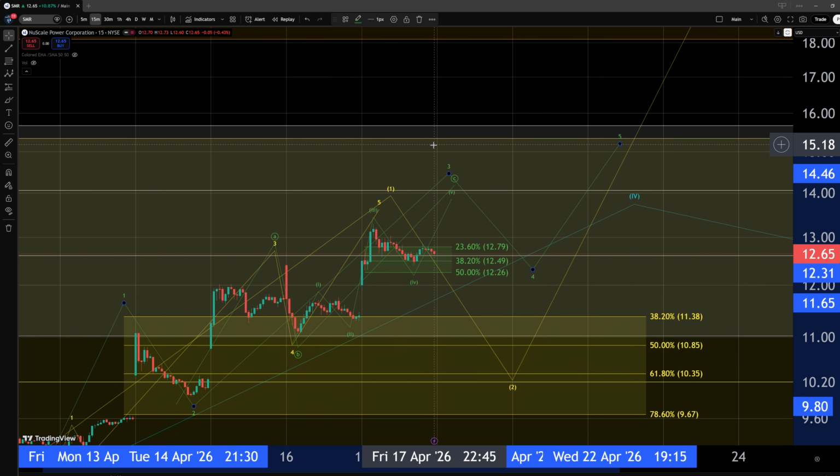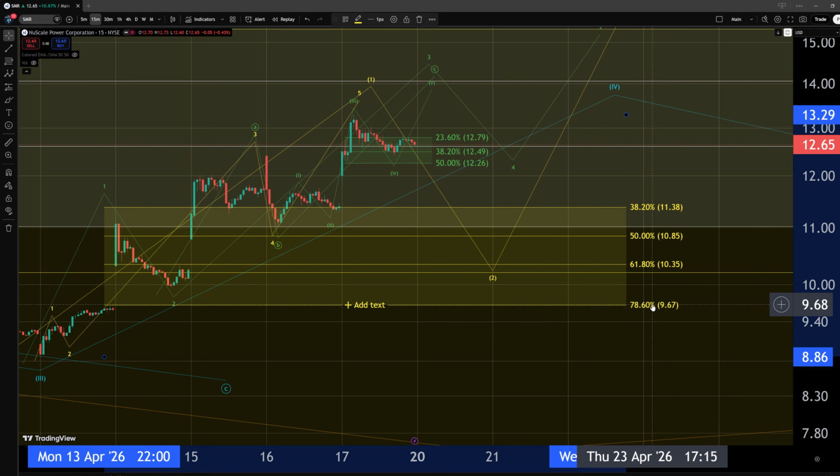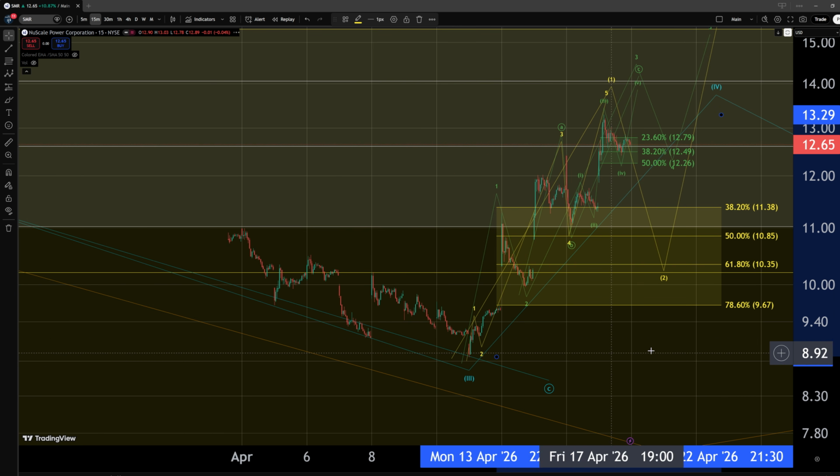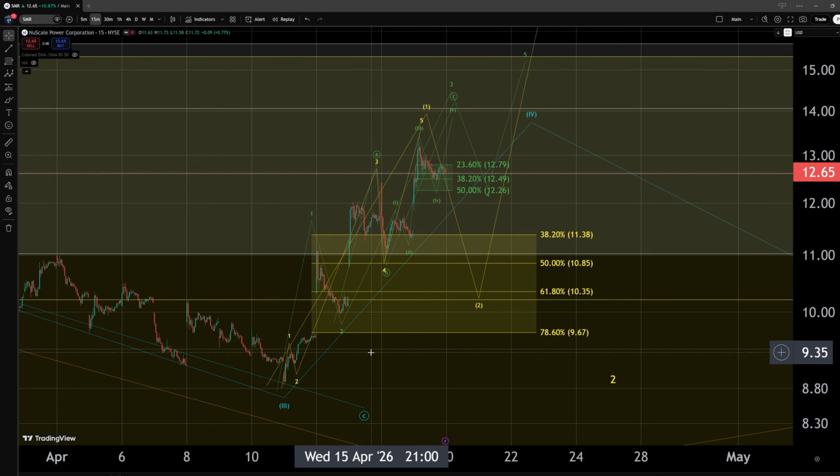I actually like both interpretations in yellow and in green. I do not consider that we should have too many issues in following through within at least one of them, but ultimately we will of course be focusing on the levels of support, where we know that if we break below $12.3, it would be rather likely that we would extend at least to the area of support in yellow, between $11.4 down to $9.7, and if we actually break even below the 78.6% retracement in yellow, I would rather be prepared for a complete failure of this structure to extend to even higher prices.